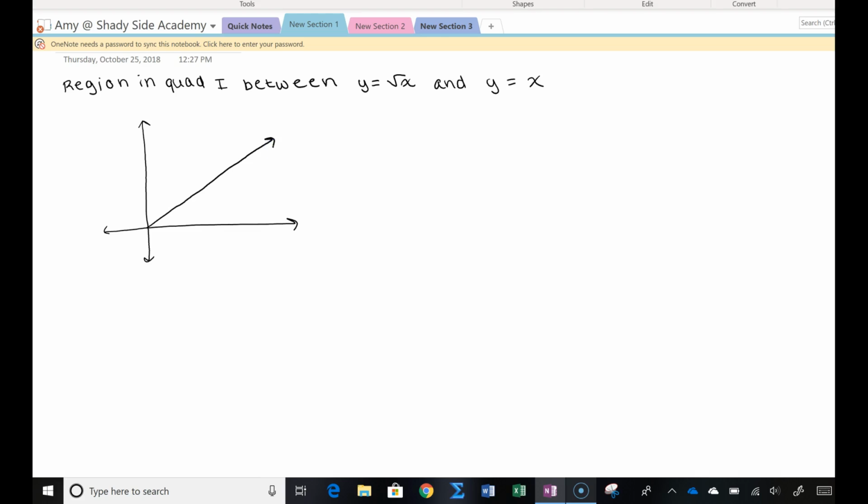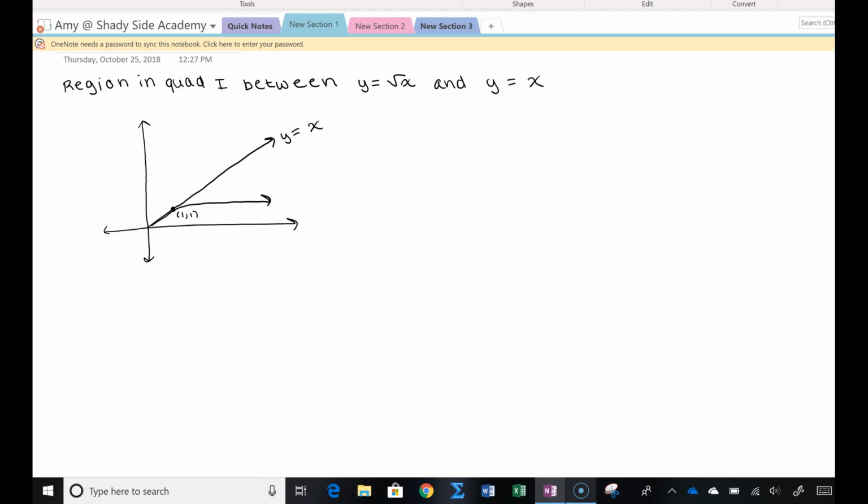No, I want a sketch of the area between y equals root x and y equals x only in quadrant 1. I want you to sketch the area between y equals root x and y equals x in quadrant 1.